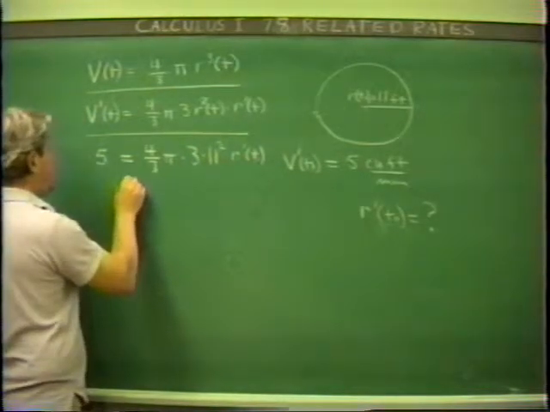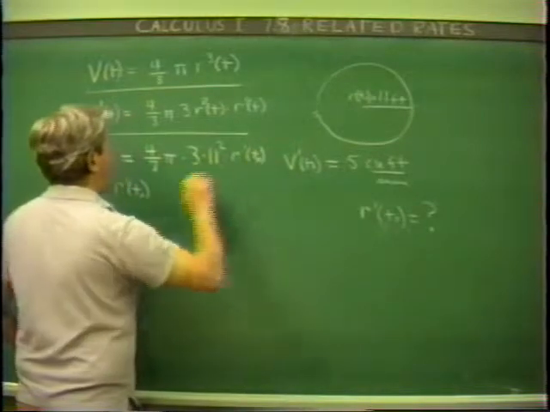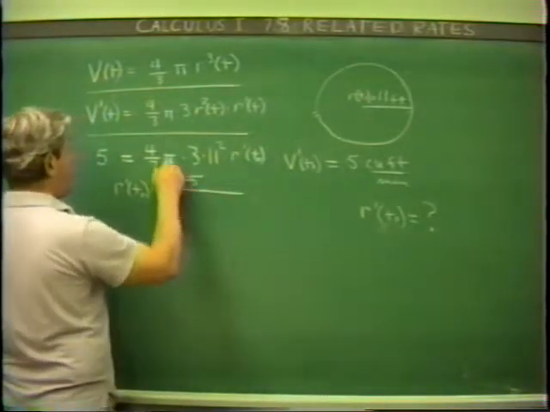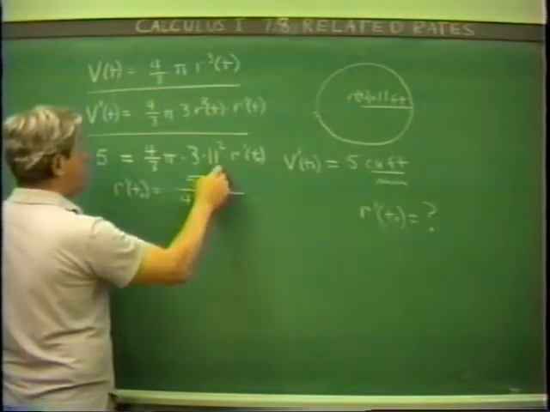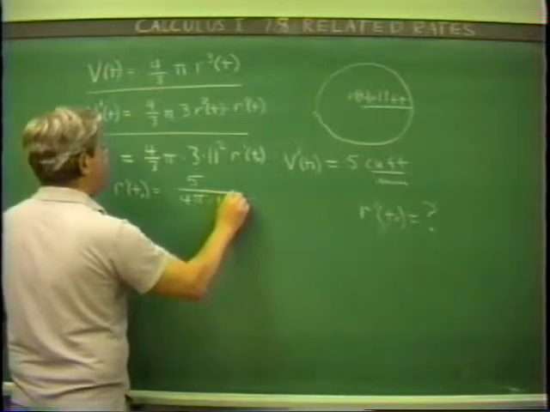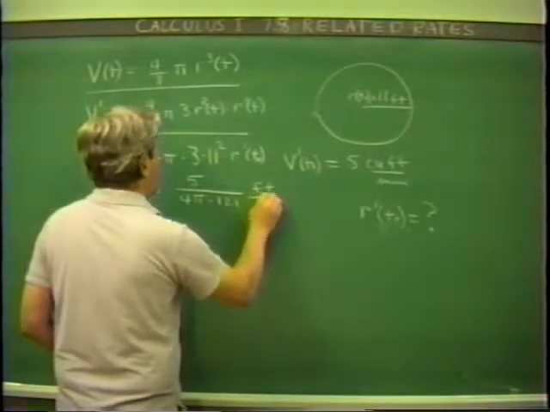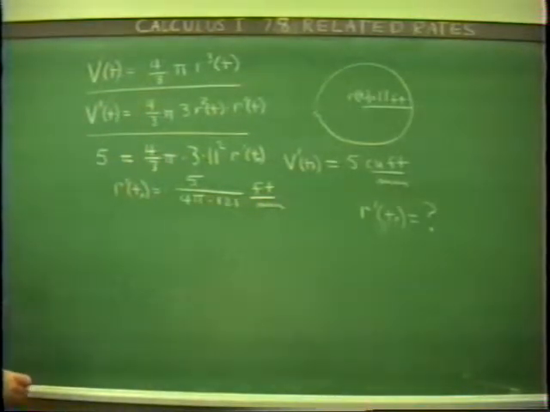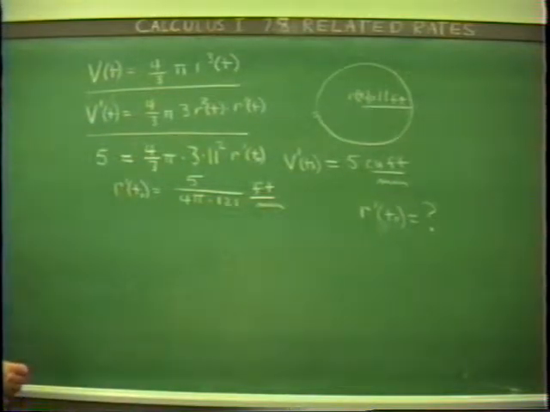So consequently, we can now solve this for r prime at the time we're interested in, at t naught. It's going to be equal to 5 divided by 4 pi times, the 3's cancel, times 11 squared, 121. And now this is going to be in feet per minute. So that tells us the rate of change of the radius at the time we're interested in.